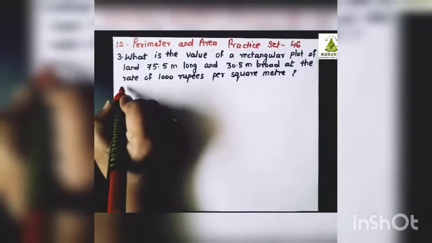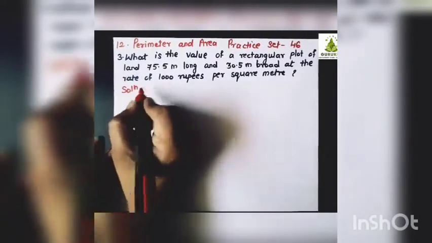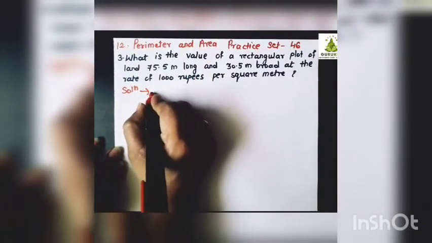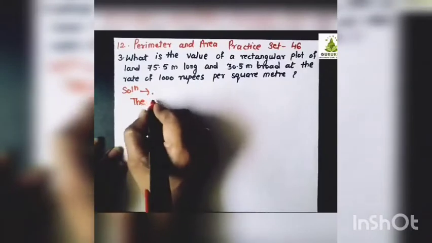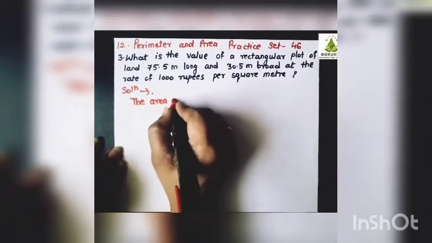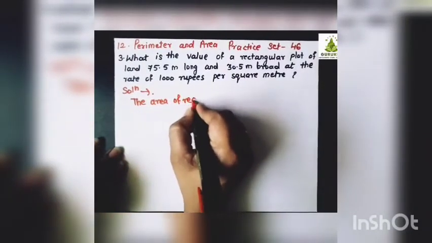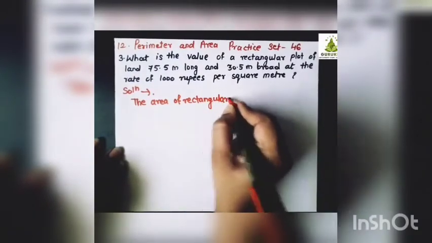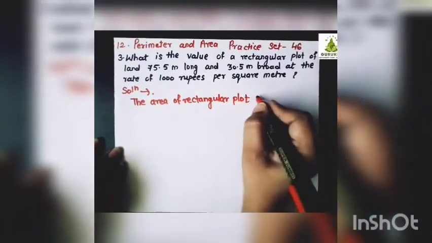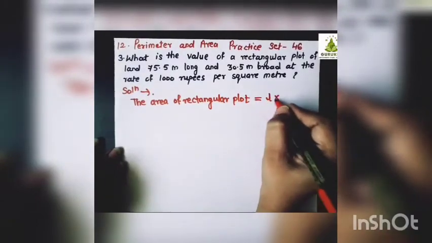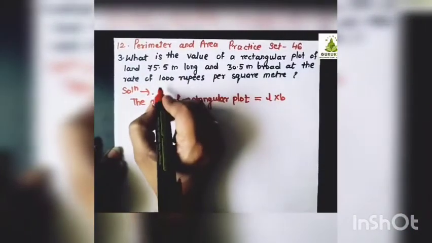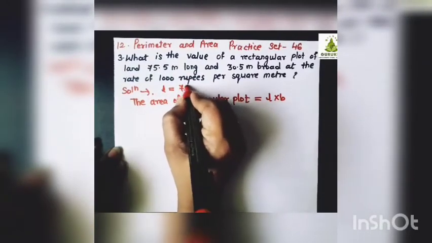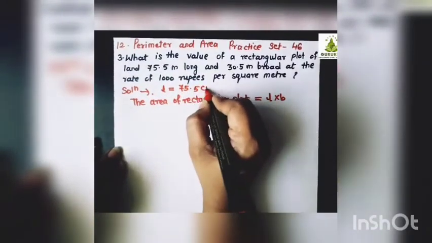So we'll write down the solution. We will find out the area of the rectangular plot, that is equal to length into breadth. If you want, in the given also you can write L is equal to how much? 75.5 meters.